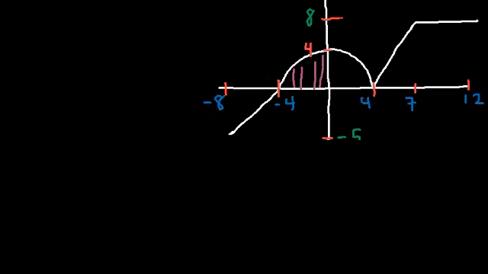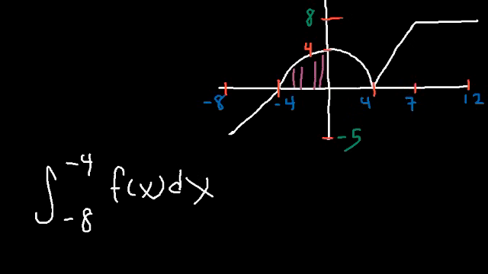Now let's try another problem. What is the value of this integral? Let's say from -8 to -4 of f of x dx, where this function is f of x.